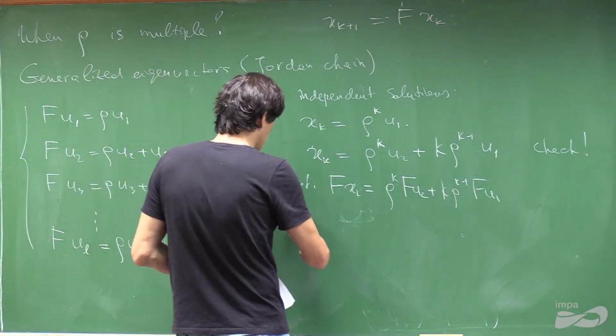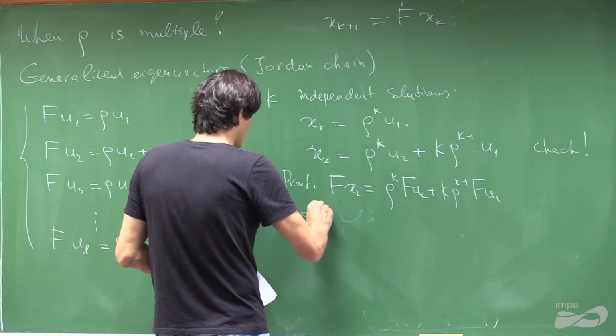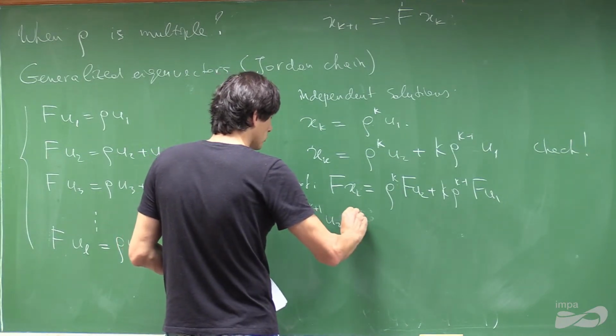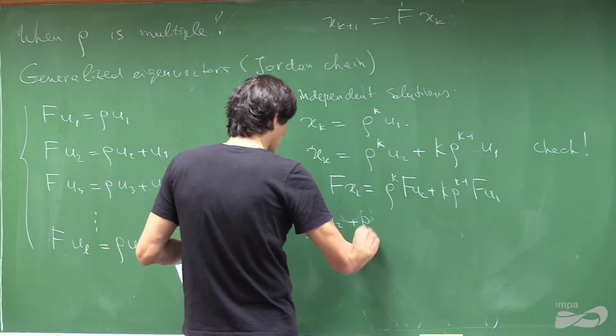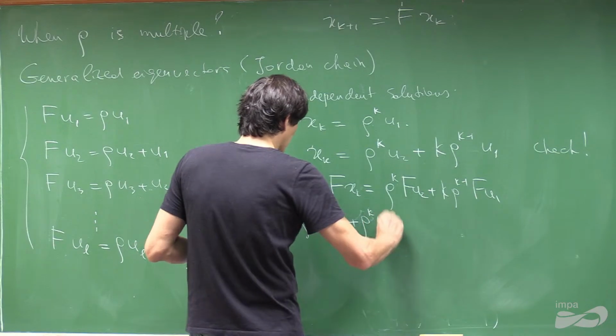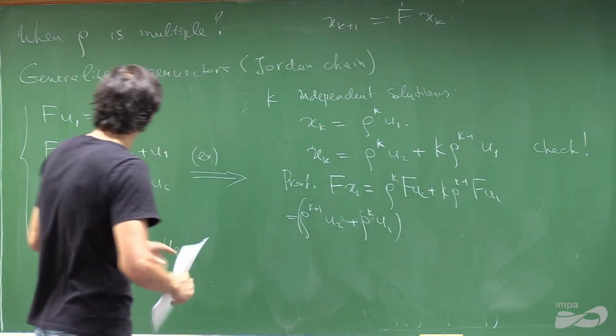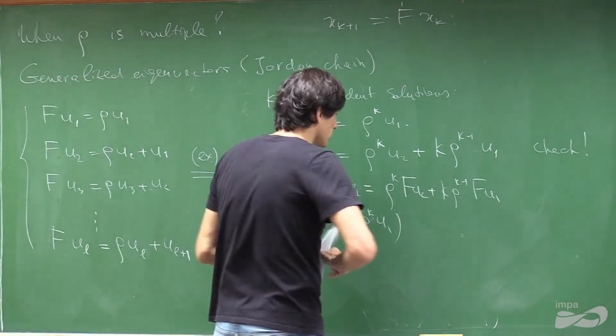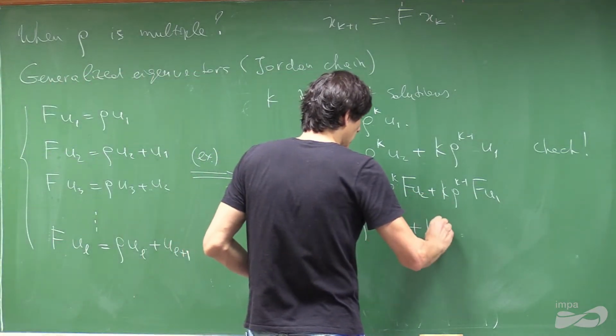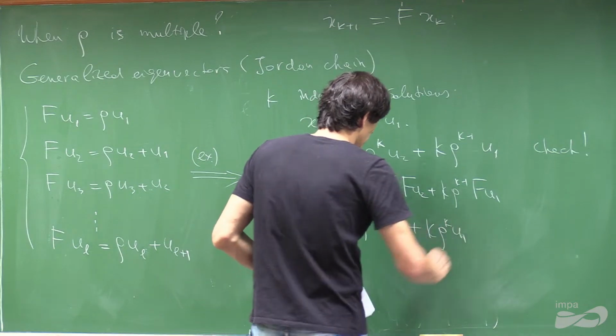It will be rho^(k plus 1) u2 plus rho^k u1, by substituting the second equation. And then we substitute the first: plus k rho^k u1.